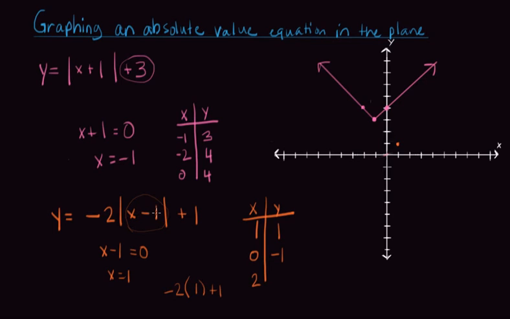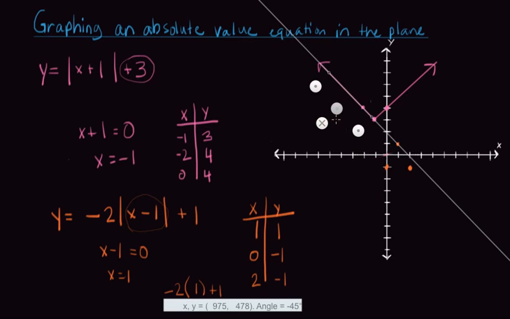So 2 minus 1 is 1. Negative 2 times 1 is negative 2. Plus 1 is negative 1. So this is also negative 1. Okay, so we have 0, negative 1, and we have 2, negative 1. And this should be enough information to graph it.